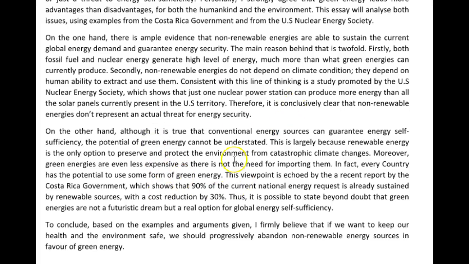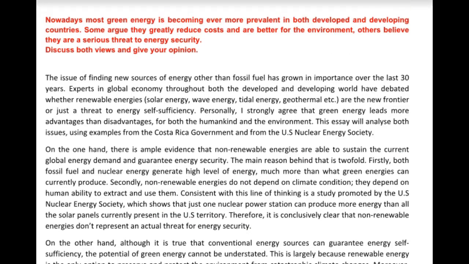And then here you needed to spend time explaining why it reduced cost in the first part of the paragraph, and then why it's better for the environment in the second part of the paragraph. Your writing itself is very nice, but that for me is the issue here. Your task development, your topic development, or your task response.